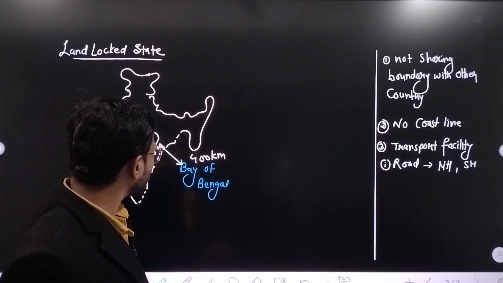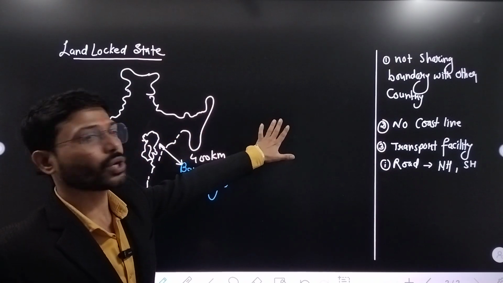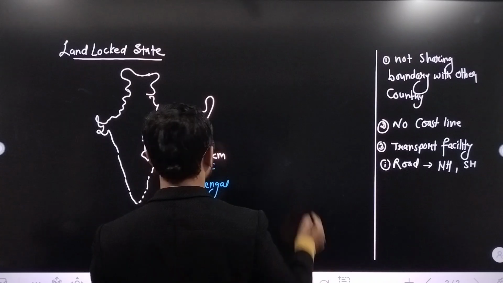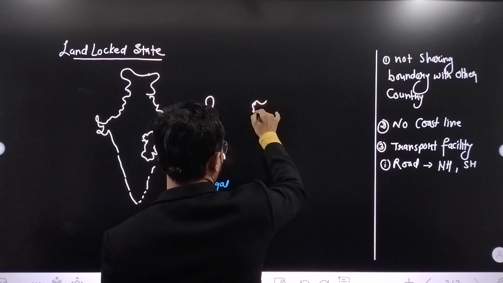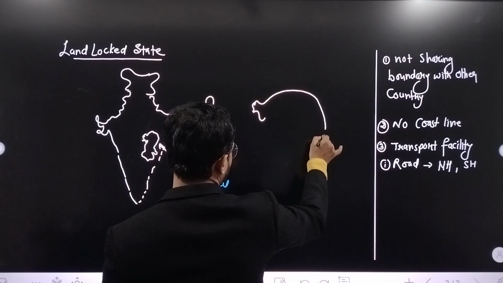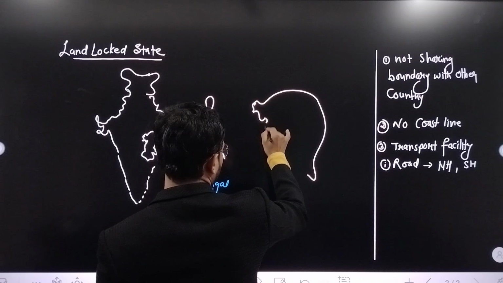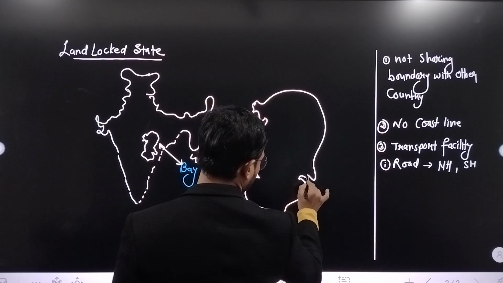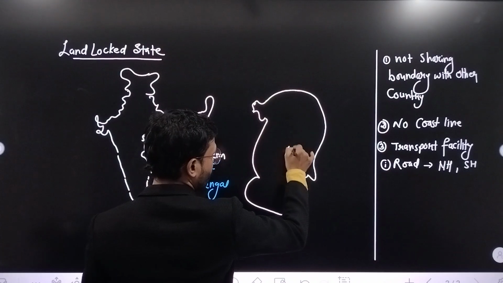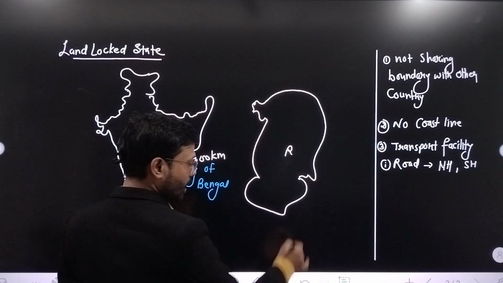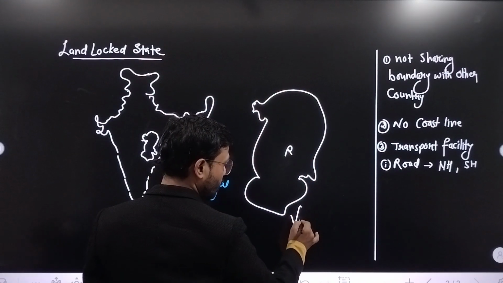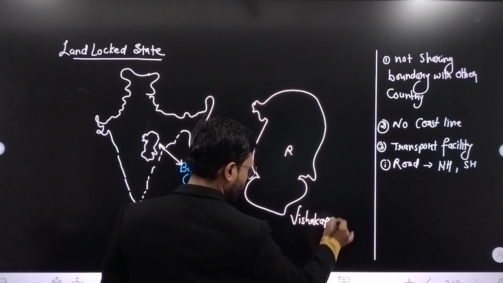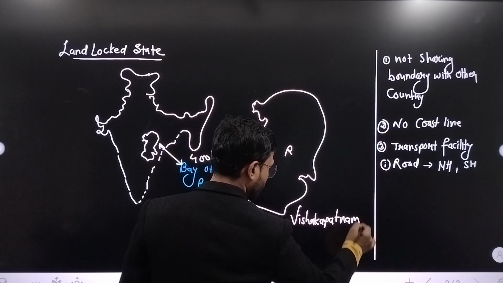To make it clear, again I am going to draw here our state Chhattisgarh. See, here it is your Chhattisgarh, the outline of the motherland. Now, somewhere here you will get Raipur, R. And here it is Visakhapatnam in Andhra Pradesh.